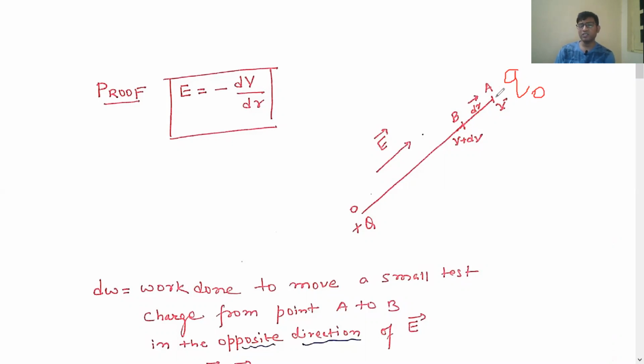This q naught charge is to be brought from the point A to B, so it is moving in the direction opposite to the field.